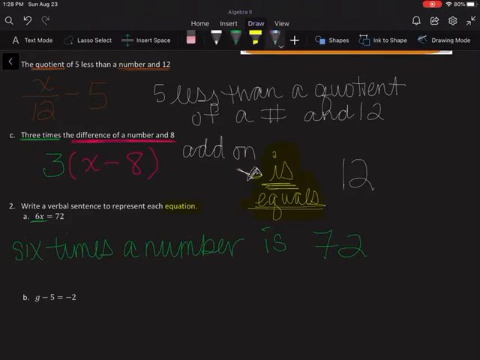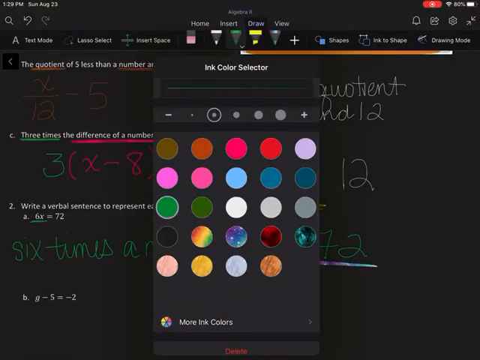So again, we're just adding on this last piece here. Okay, is something. So the difference between an expression and an equation is we add the equal sign, which we use the words is or equal to. Okay, let's try the next one.